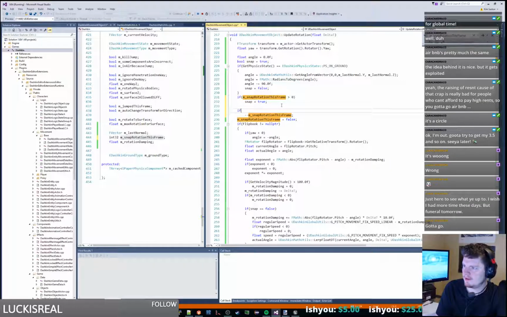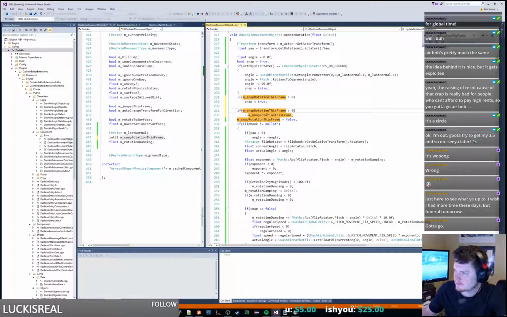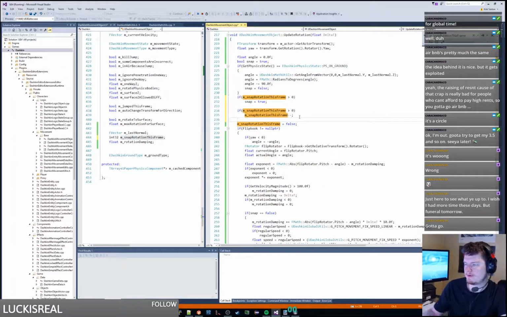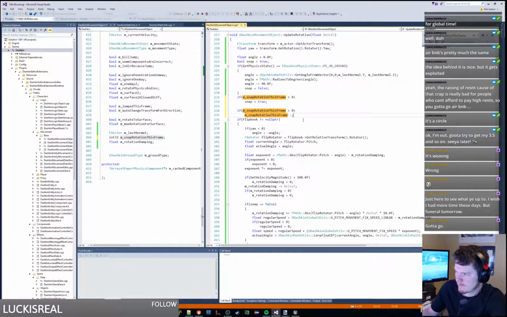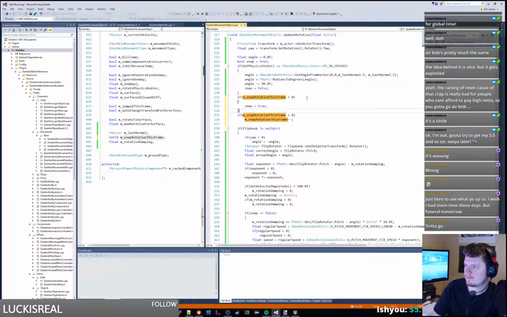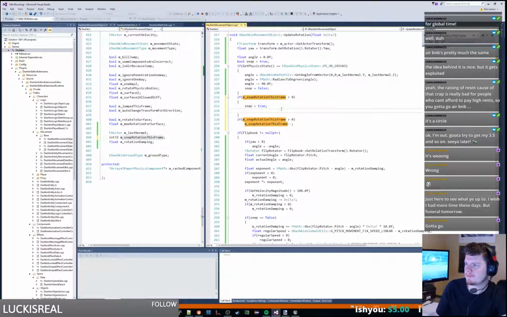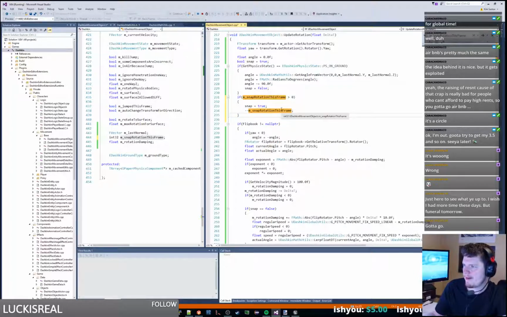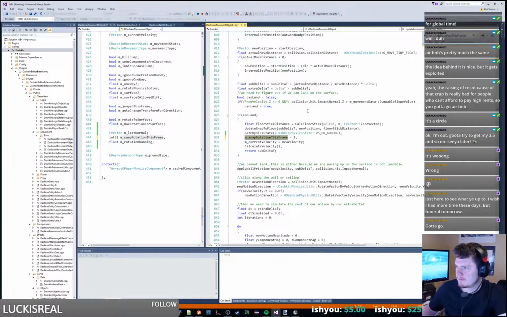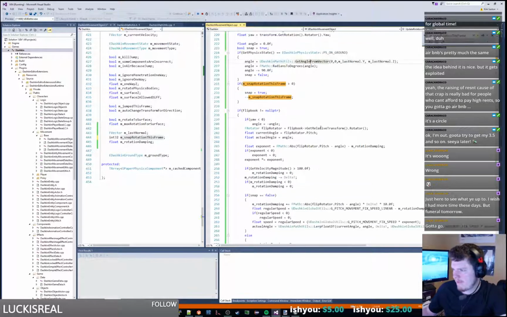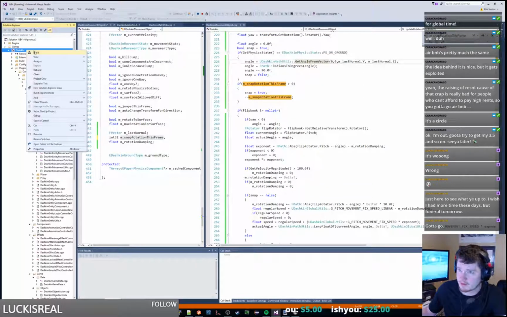Alright, so if snap rotation this frame is greater than 0, subtract 1. So basically we'll have 2 frames of snapping once we hit the ground.